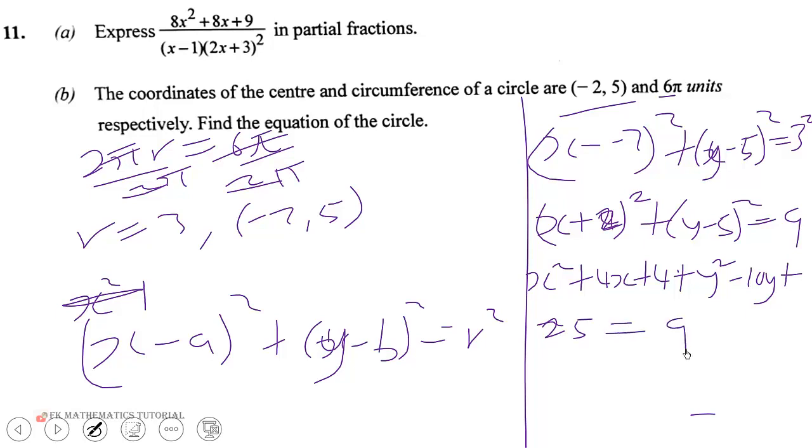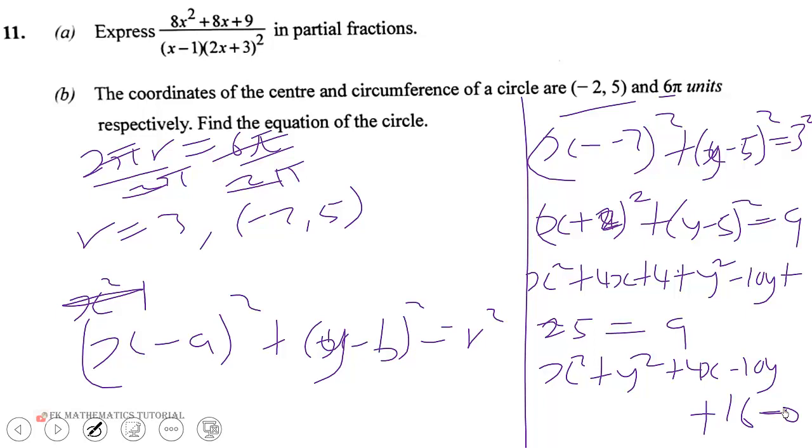So we get x squared plus y squared plus 4x minus 10y, then 25 plus 4 minus 9 is 20, so plus 20 is equal to 0.